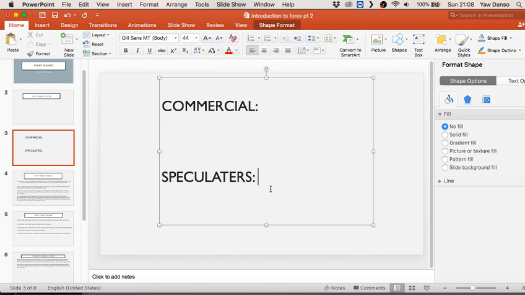So we have two participants in the market: the commercials and the speculators, right? The five categories of traders I gave you guys will come under these two.